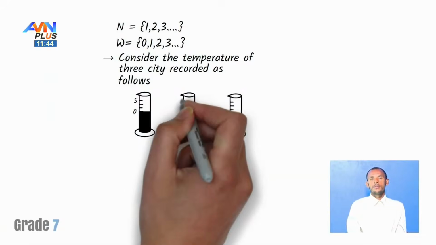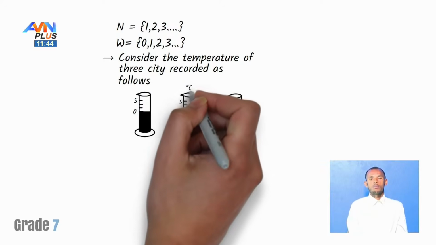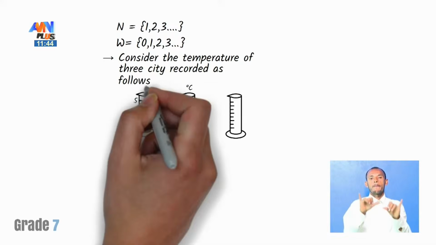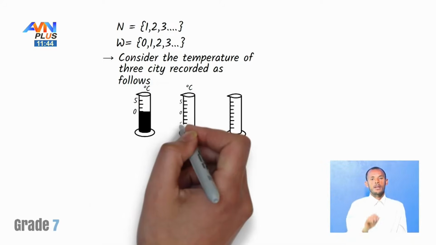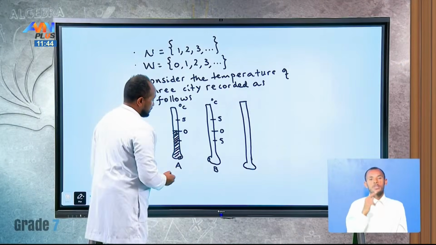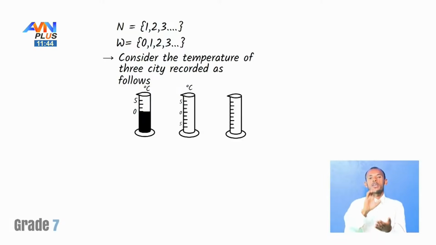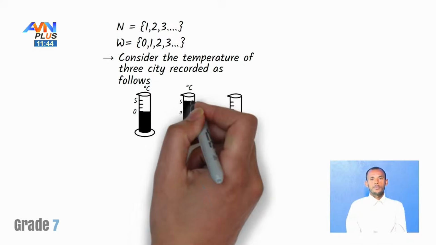The temperature of city B is measured in degree centigrade. Assume the temperature of this city is recorded at this point.